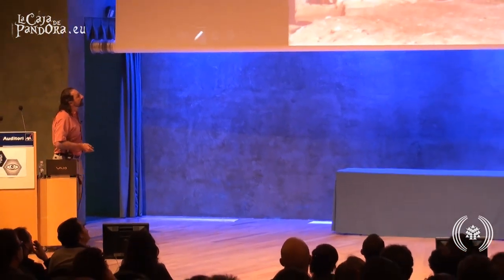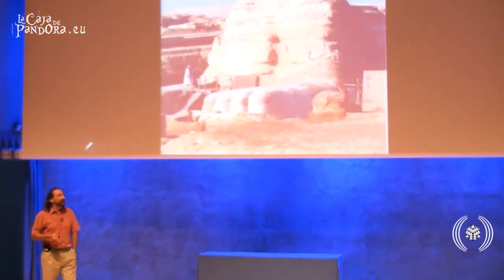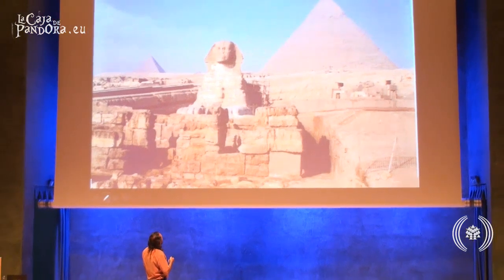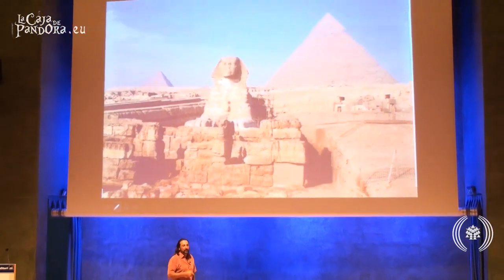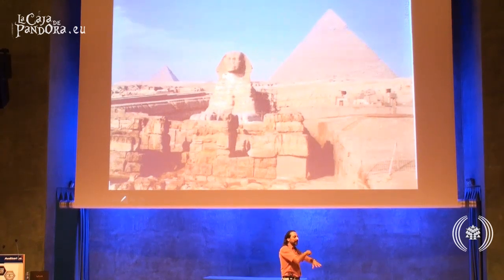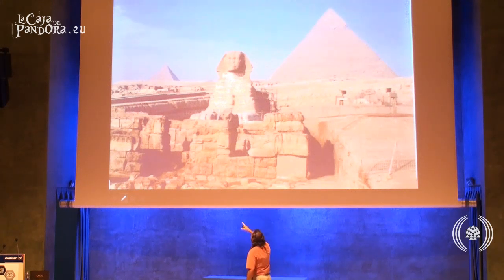So, there are other monuments in Egypt that are very mysterious. The Sphinx. Most people think that the Sphinx is built. It's not built, it's carved. You'll see blocks on the Sphinx, but those are repairs. The Sphinx was actually carved directly out of the bedrock in the Giza plateau.